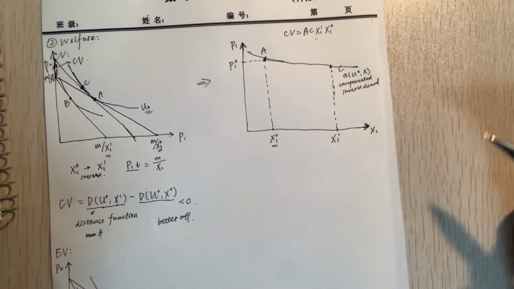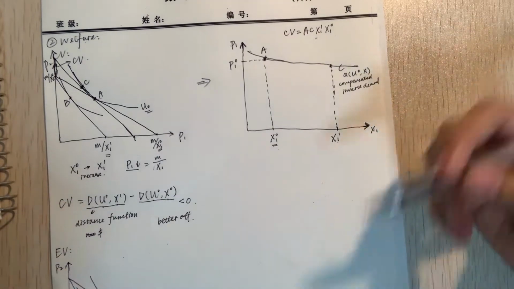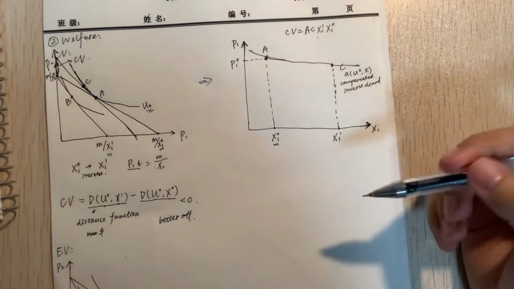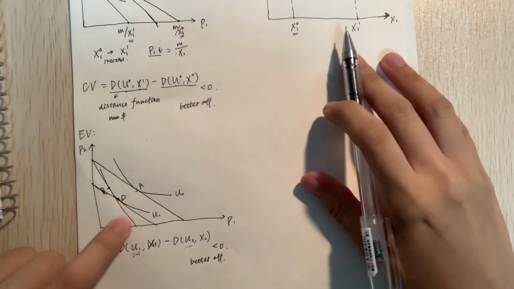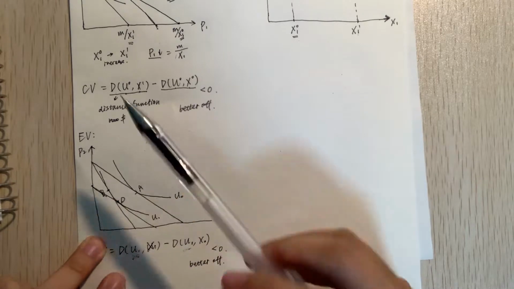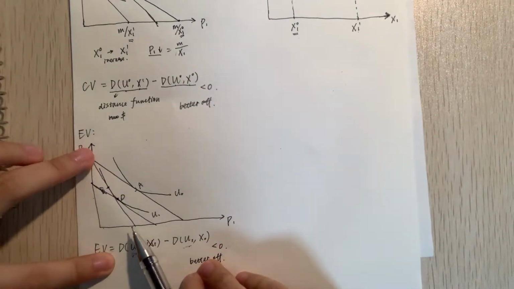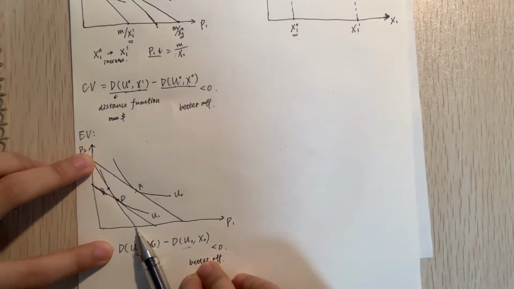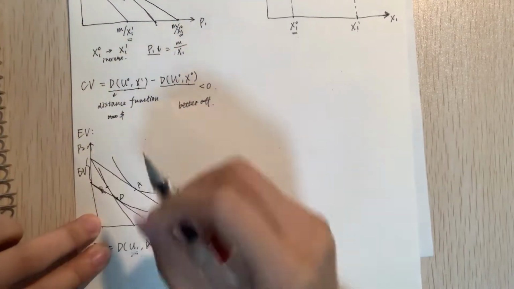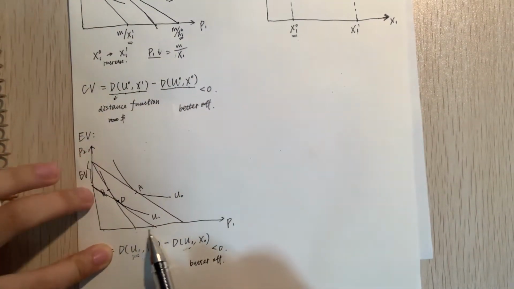Okay. And again, I want to put this one into this graph, just so that we can have a comparison between CV and EV. Okay, so down here, the EV in this graph can be shown as the shift from here to here, right? So this shift is EV.